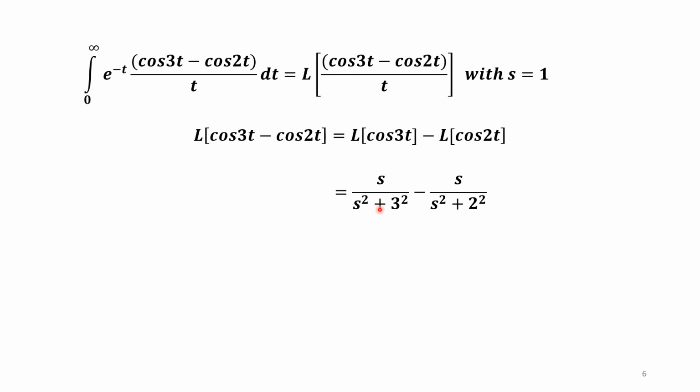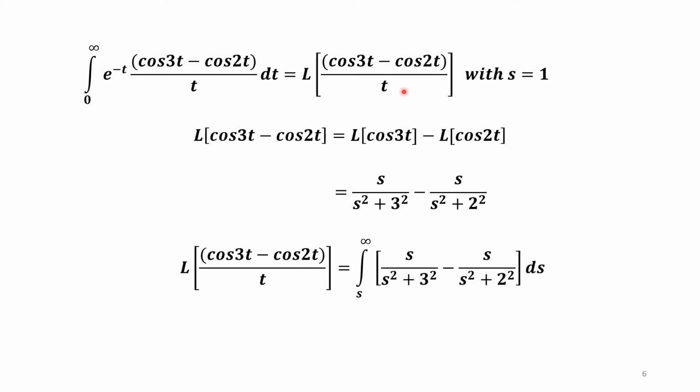So whatever is the Laplace transform of the numerator, that has to be integrated with respect to s between the limits s and infinity. So L of (cos 3t minus cos 2t) by t will be whatever is the Laplace transform of the numerator, integrated between the limits s and infinity.